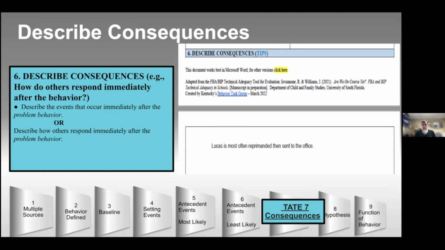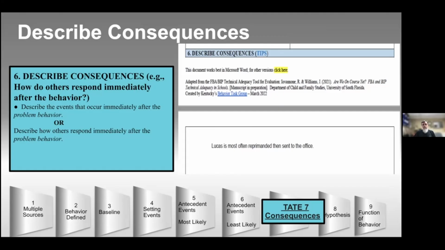It could be removal of the task, or modifying the task, or accommodating by allowing me to use a calculator. Now one thing that you've got to be aware of is that unintended reinforcement is often common with our students, and you've got to think about that.